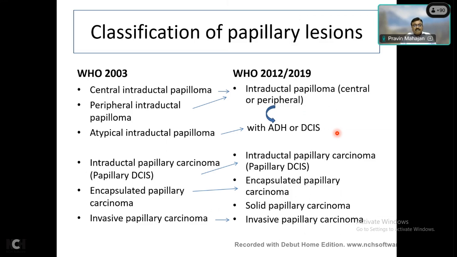Papillary DCIS, which is also called intraductal papillary carcinoma, remains the same in the new WHO. Encapsulated papillary carcinoma remains the same. But a new entity which was added in WHO 2012 was solid papillary carcinoma. Invasive papillary carcinoma remains the same, and so we'll move on.